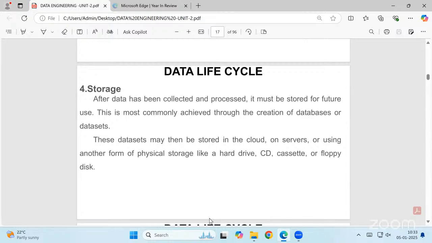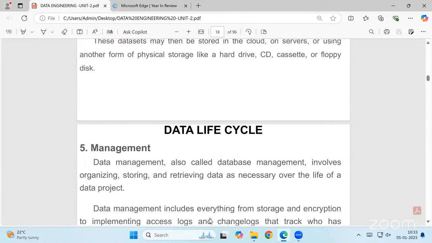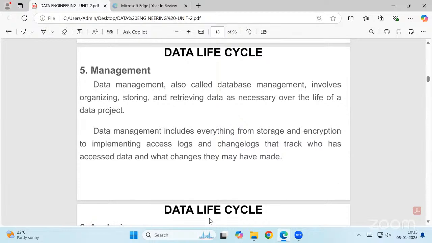What are the storage devices we have? Hard disks, CDs, cassettes, floppy disks. These are the devices where we store the data. Management means organizing, storing, and retrieving the data. That is where the data structures subject comes into the picture for you.